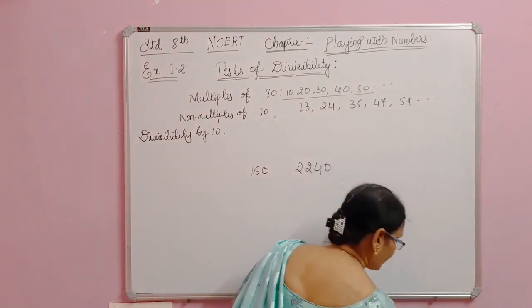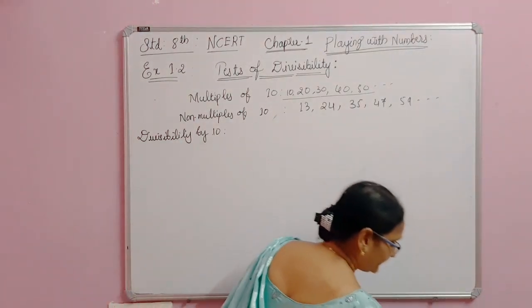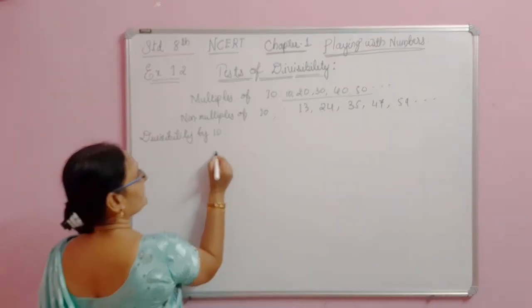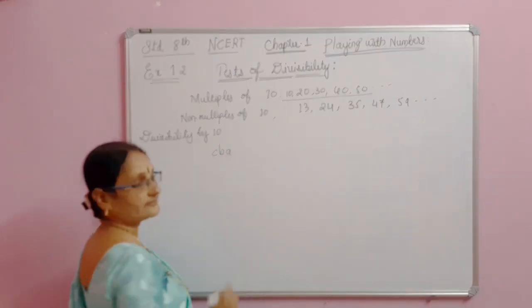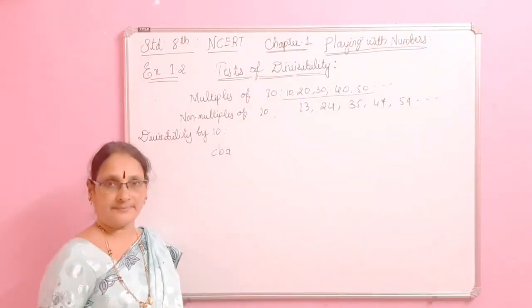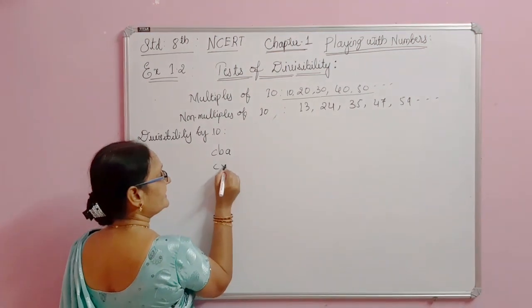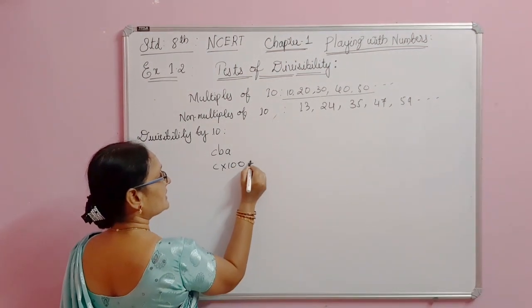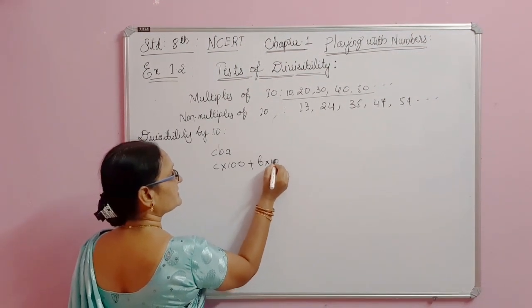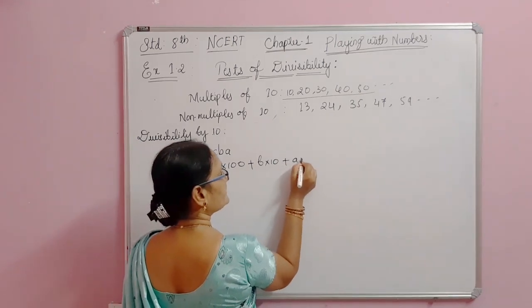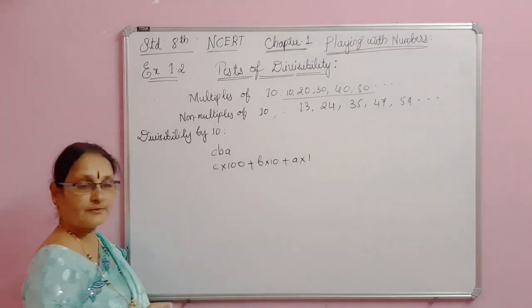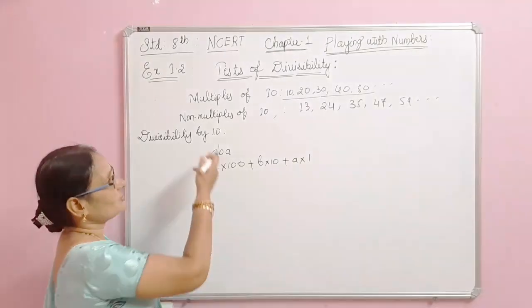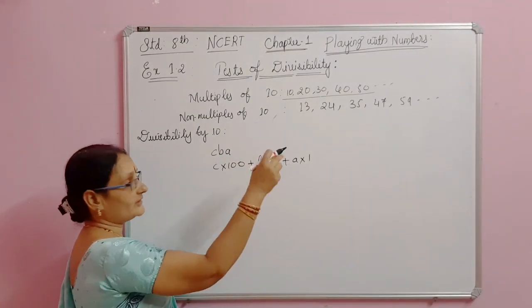In general, I take just one 3-digit number. Suppose CBA is a general number. In this, C is in the hundreds place, plus B is in the tens place, plus A is in the ones place. Okay? Then just now I told you what must be 0.